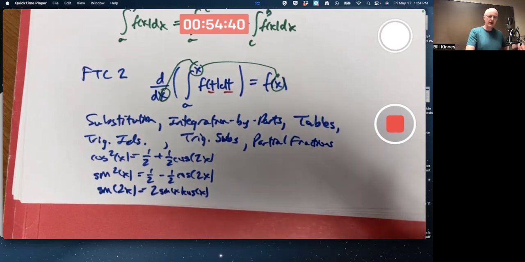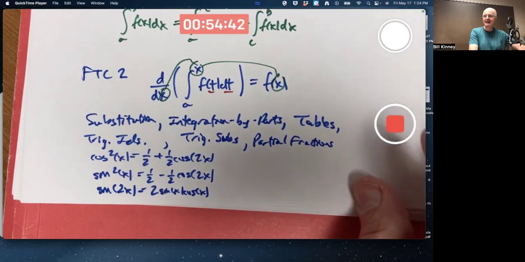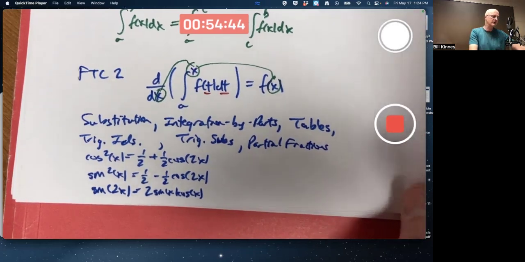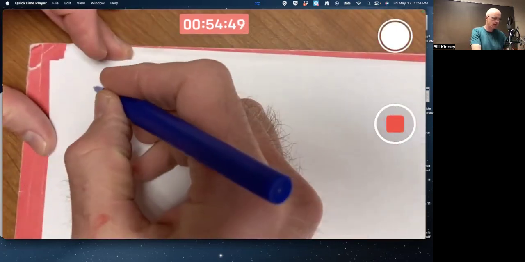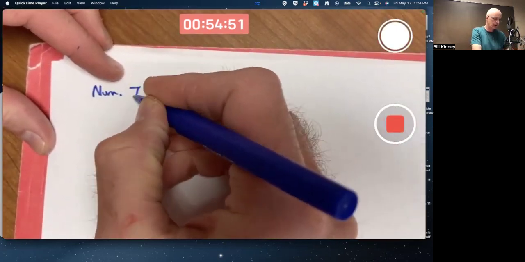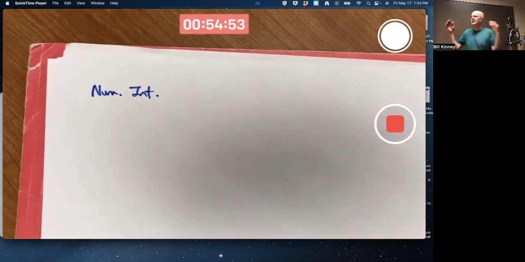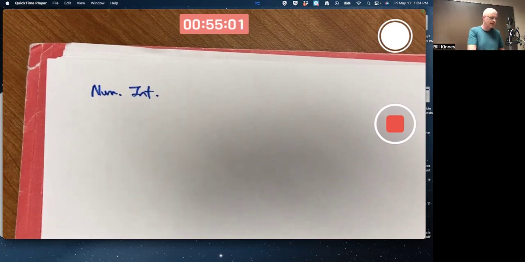Then we did the numerical integration. Because again, the FTC 1, while it's always true, it's not always helpful. Left, right, and trapezoid rule were done in Calc 1 even. New in Calc 2 were midpoint rule and Simpson's rule.